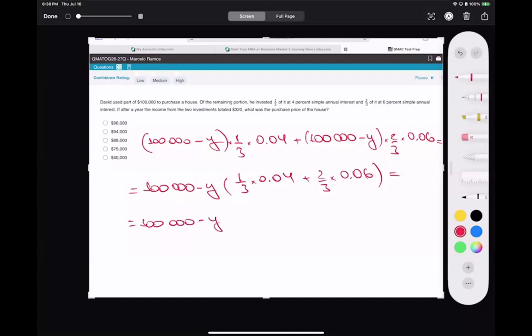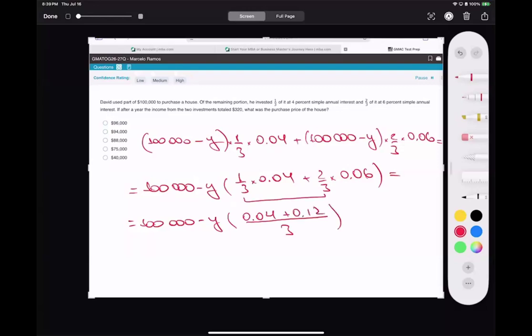I'm doing it this way, but since the beginning I would put 100,000 minus y. I wouldn't even write this. So what I have here, 3 and 3, 0.04 plus 0.12.